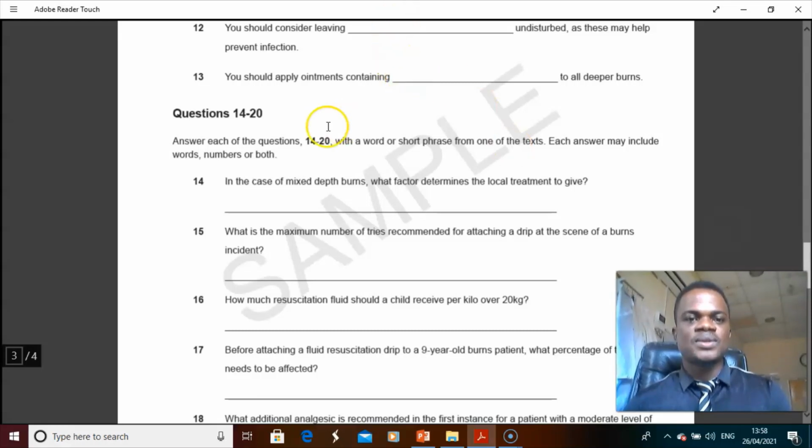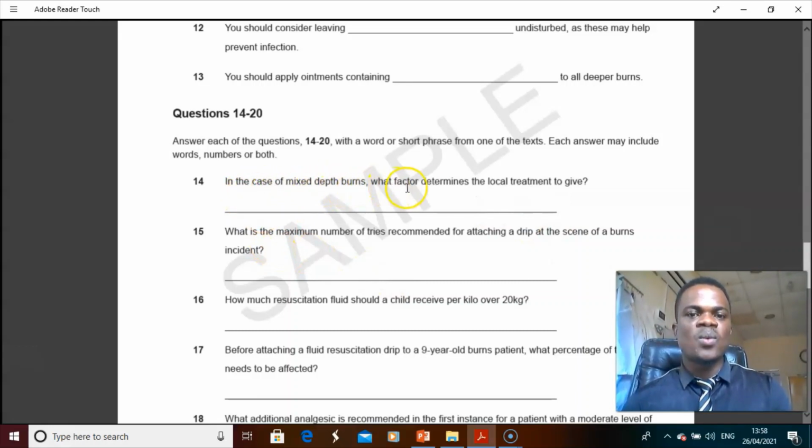Then after this section, you go to question number 40 and 20. Similar thing too, you do the same thing. In the case of mixed depth burns, what factor determines the local treatment to give? Now, for each question you go, you read, get the answer, come back, read, get the answer, come back. You would have read and understood the four passages very well and know what they are talking about.